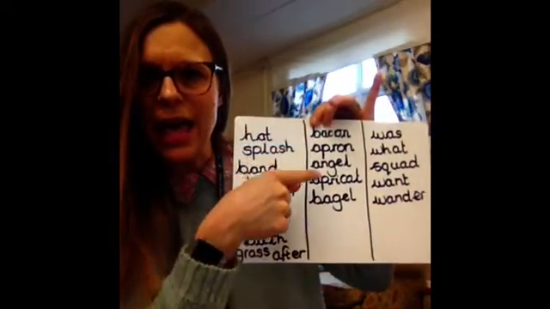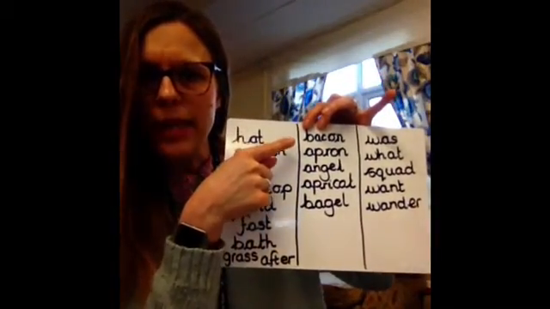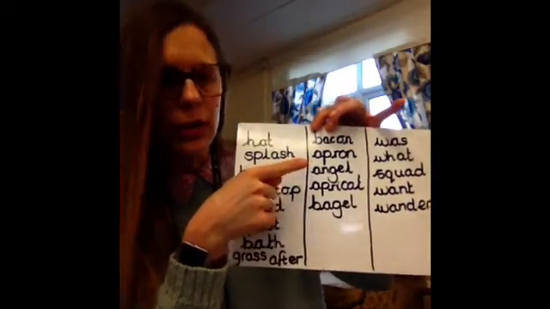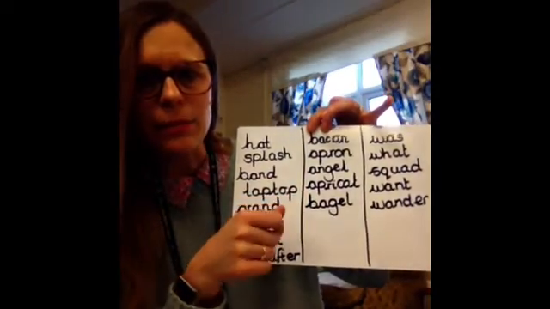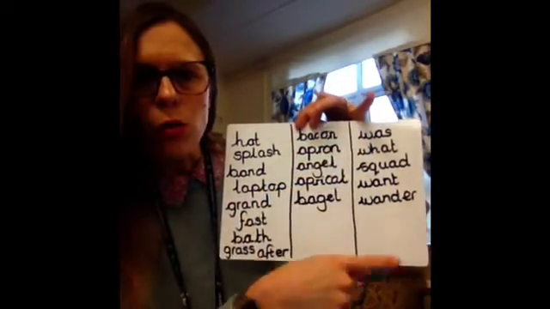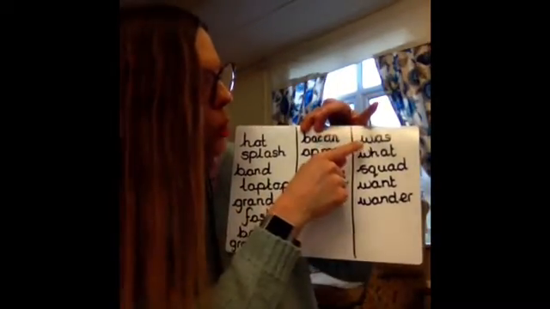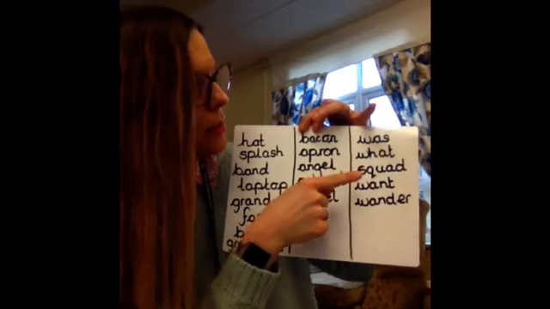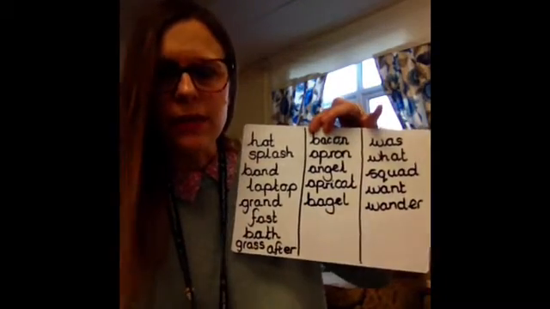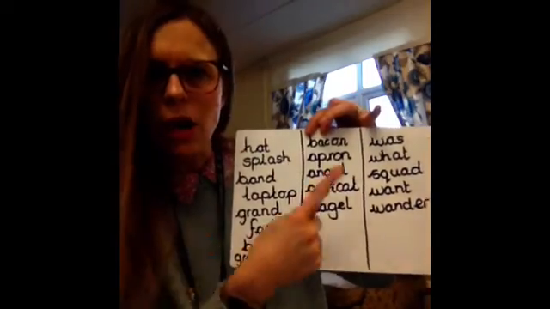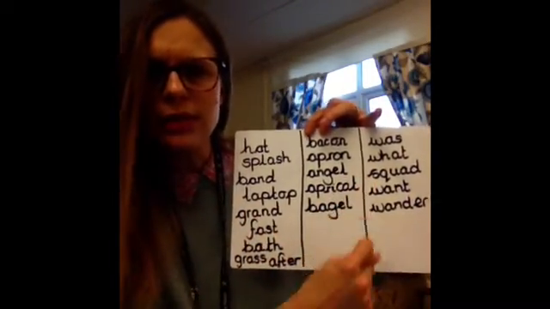And then in my other A column, I've got bacon, apron, angel, apricot, and bagel. And then in my O pronunciation column, I've got was, what, squad, want, and wonder. So give yourselves a pat on the back for doing that. That's quite a lot of words today and 3 different pronunciations. You've worked very hard so far, so well done you.